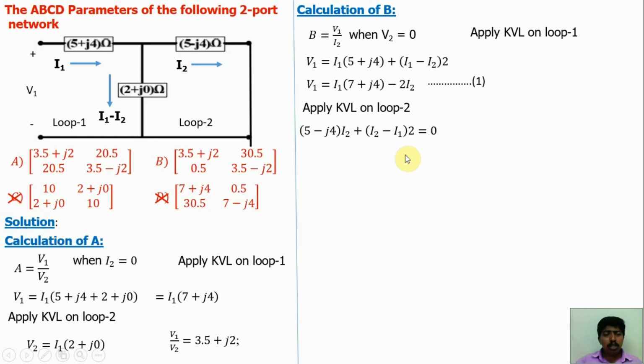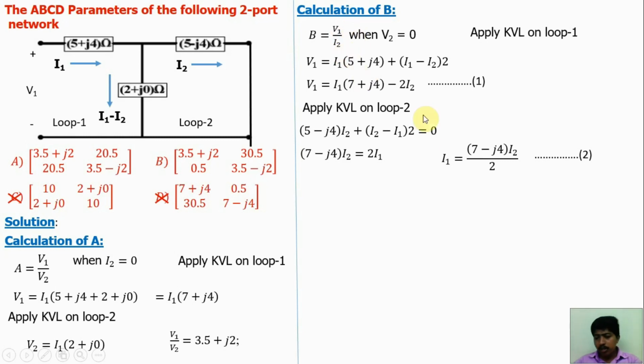If you want to know Kirchhoff's voltage law, just refer to the Kirchhoff's voltage law concepts; we already discussed it. Now simplify this equation, we will get (7 minus j4) into I2 is equal to 2I1. Further we simplify this to find the I1 value. Now substitute the I1 value here, then we can find V1 by I2.